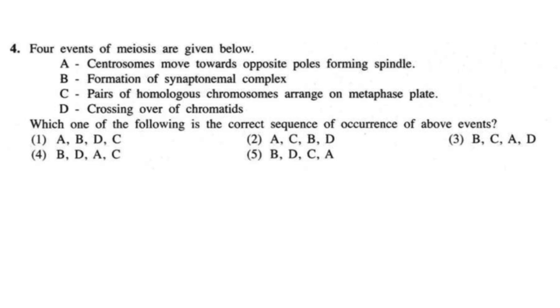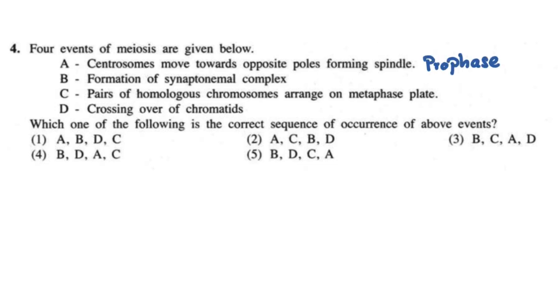So, to do this, let's see in which phase of meiosis these events occur. First one, A. Centrosomes move towards opposite poles, forming spindle. Centrosome is the complex of centromeres. So they move towards the two opposite poles in prophase 1.